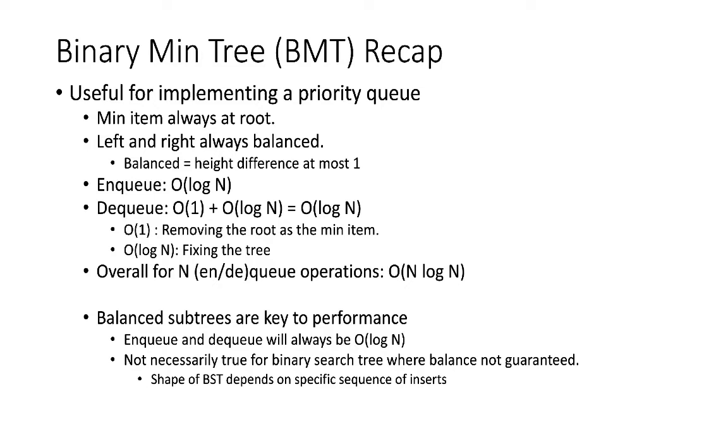But given the way we define a binary search tree, we couldn't guarantee that the shape of the tree was going to be balanced. A binary min tree does guarantee that balance, and therefore we're able to get worst case performance for enqueuing and dequeuing of order log n.